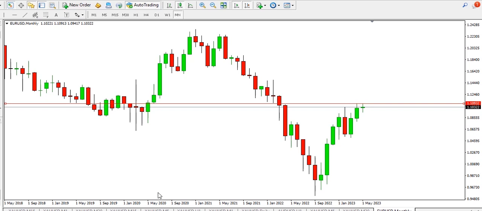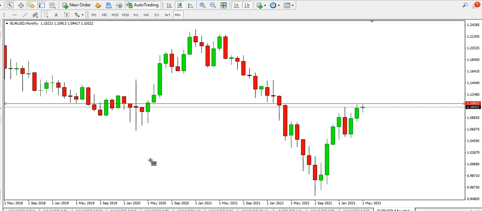Today we'll be looking at how you can use Fibonacci retracement tools to know your trade entry, your take profit, or your stop loss area. This is the tab or the icon for the Fibonacci retracement tool.